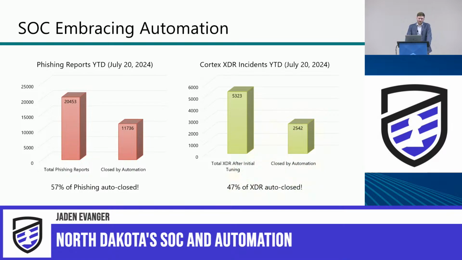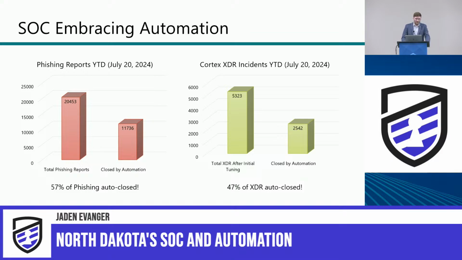So when we started embracing automation, we've got a couple of statistics here. Of course, these are not comprehensive. There's a lot of other statistics that we could pull or might be a little bit difficult to pull, to be completely honest with you. But phishing reports that we get in, year to date from January 1 to July 20th of '24, these slides are a little older, you gotta forgive me.